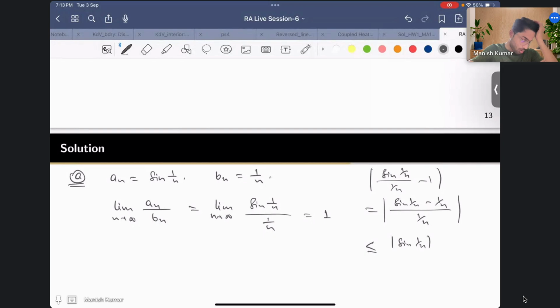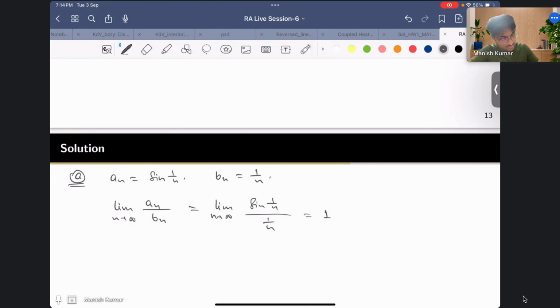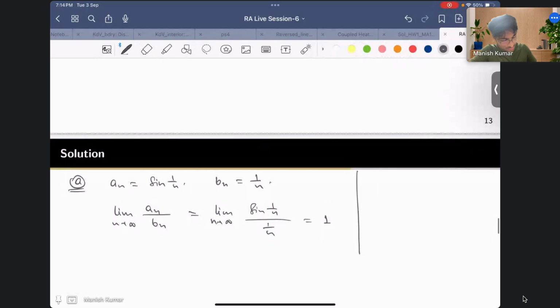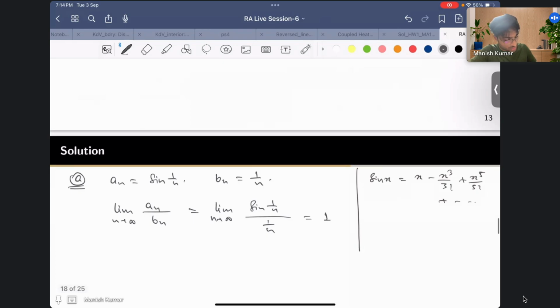But I think I have another proof. Do you know the series expansion of sine x? It is x minus x cube by factorial 3 plus x5 by factorial 5 and so on. So if you write sine 1 by n, it would be 1 by n minus 1 by 3 factorial times 1 by n cube plus 1 by 5 factorial times 1 by n5 and so on.